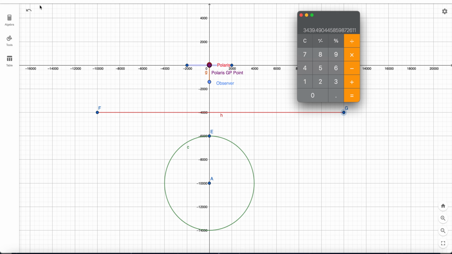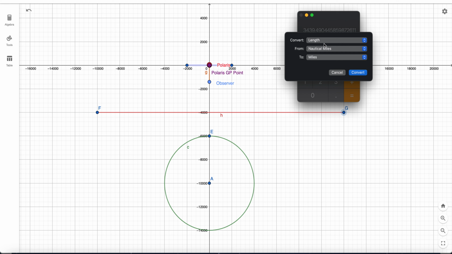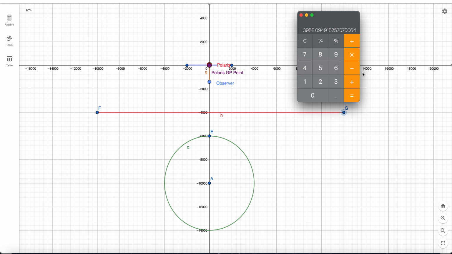So when we convert that, if I go to convert length, nautical miles to miles, convert. 3959.094915257070064 statute miles.